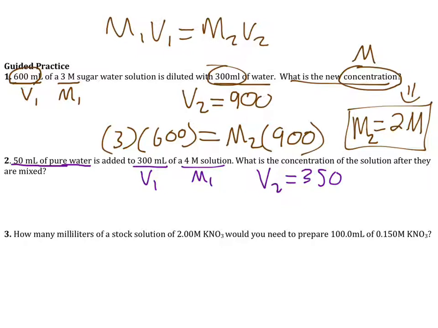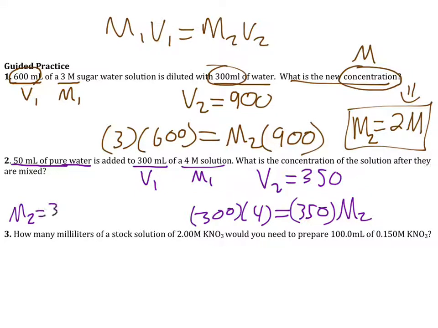And you just plug this in. So it's going to be 300 times 4 is equal to V2, which is 350, times M2. And then you just plug that in your calculator, you solve for M2, basic algebra, and what you end up with is M2, the new molarity, is going to be 3 point, and I know the sig figs are going to be bad on this.